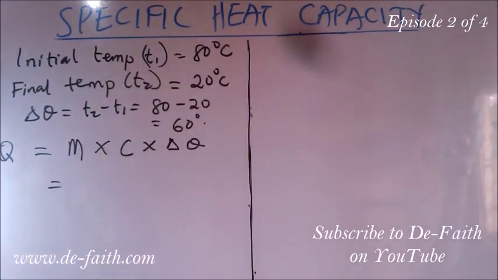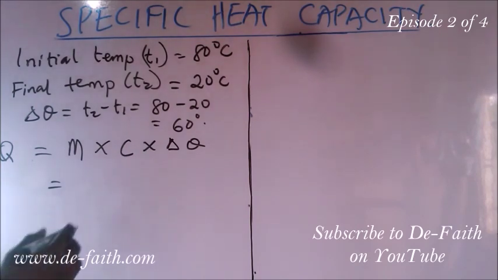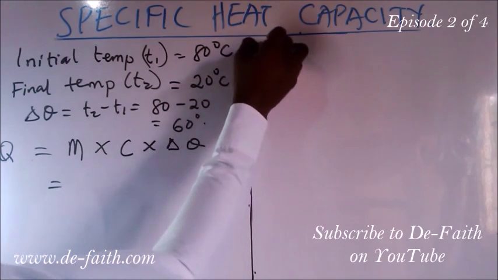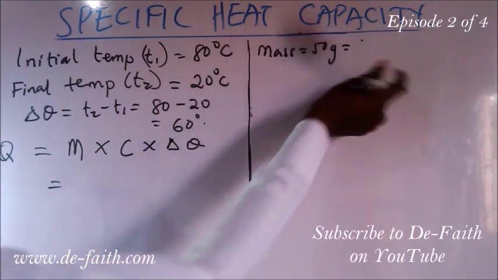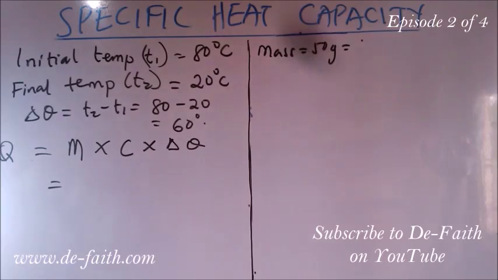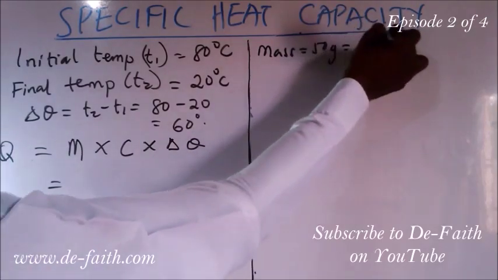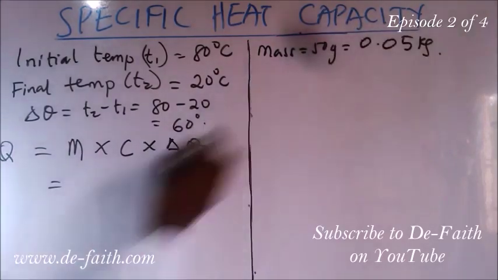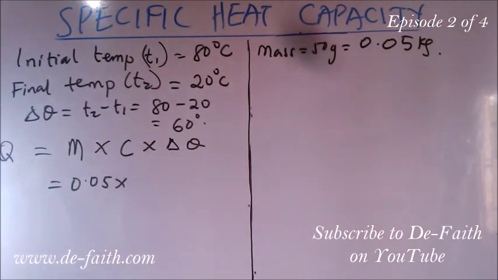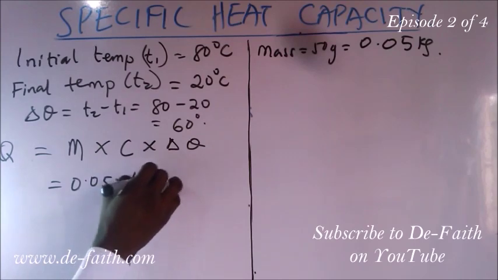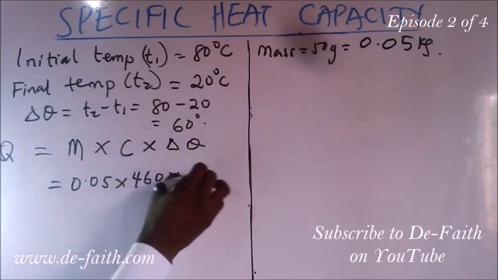Now the mass of the iron is 50 gram, and we know that we do not work with gram, so we convert the mass, 50 gram, to kilogram. That is 50 divided by 1000, and that leaves us with 0.05 kilogram. So we have 0.05, specific heat capacity is 460, and the temperature change is 60.